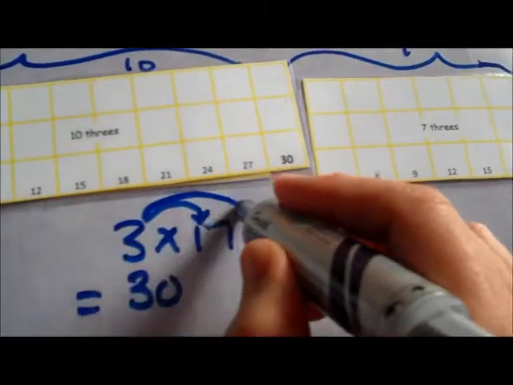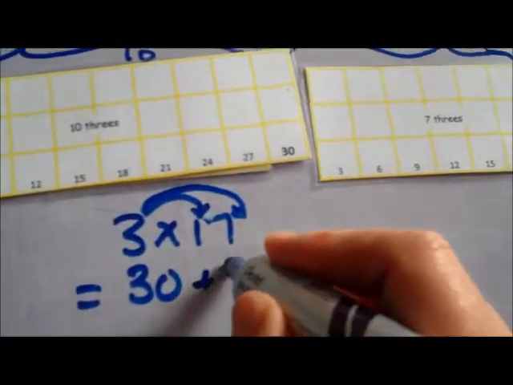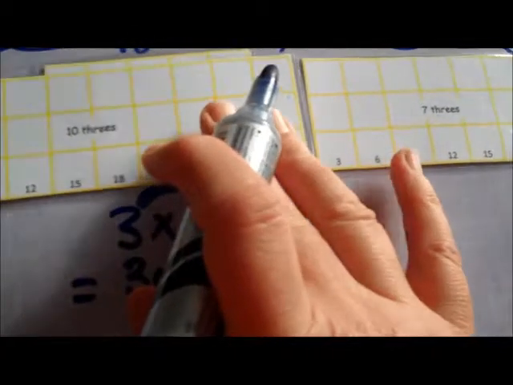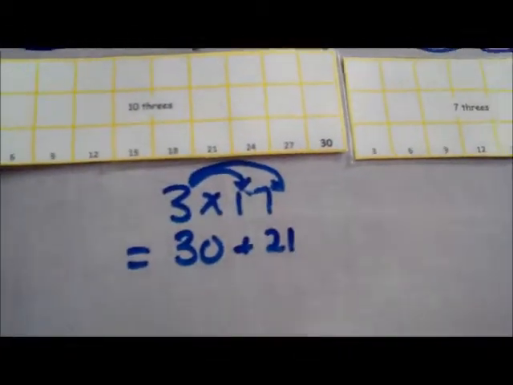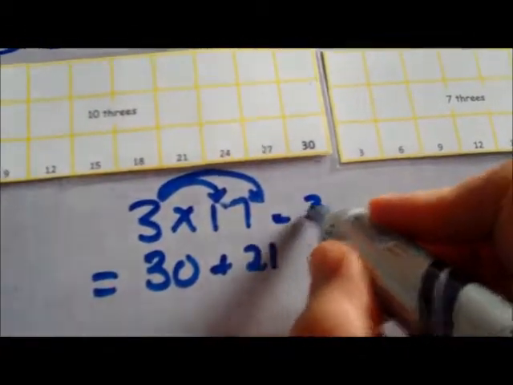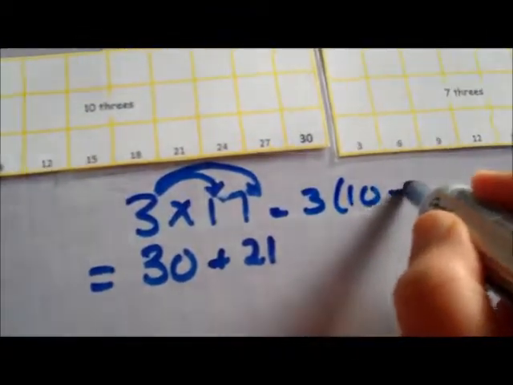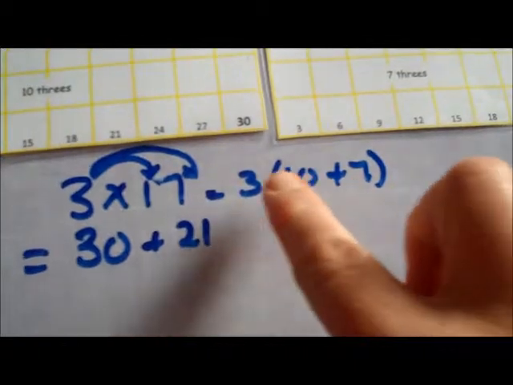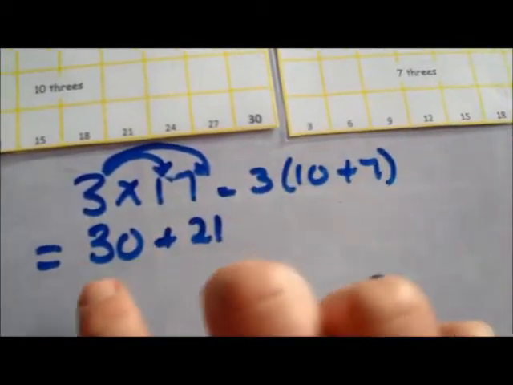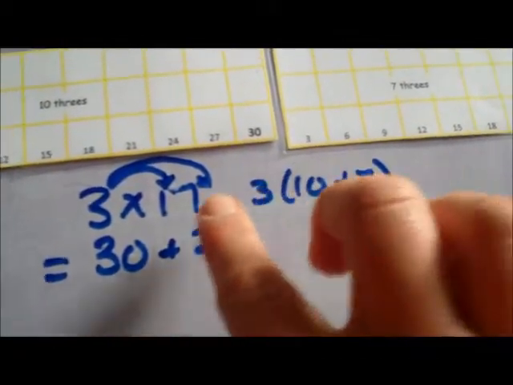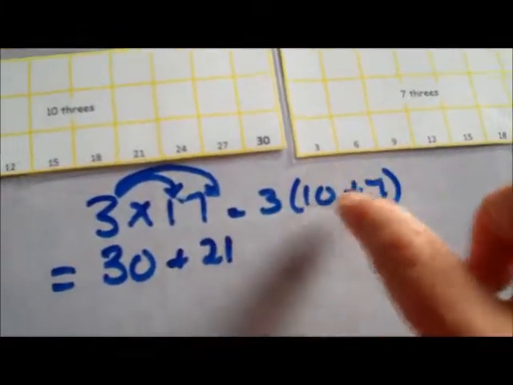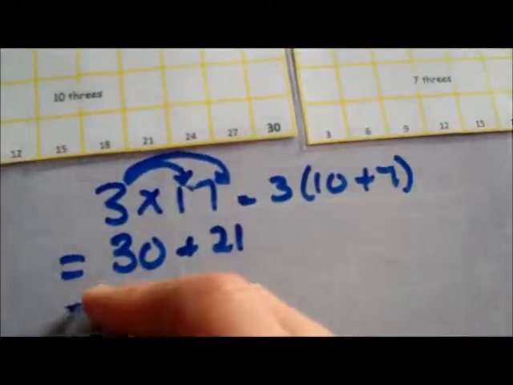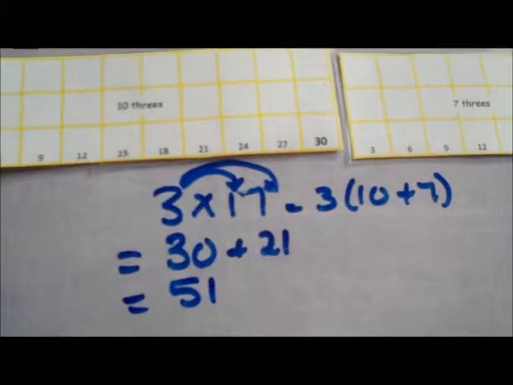And that's that one plus 21. Okay, and that's because I can actually write it like this. I can think of the 17 as 10 plus 7. 3 lots of 10, 3 lots of 7. 30 plus 21. I've gone from a multiply, 3 lots of this, to an add. And adding is really easy.